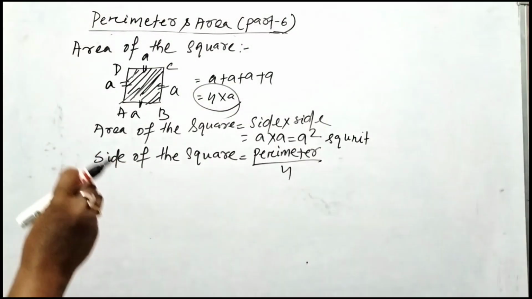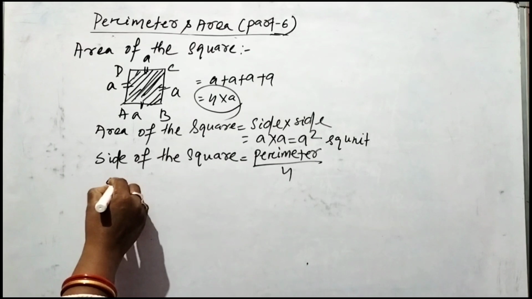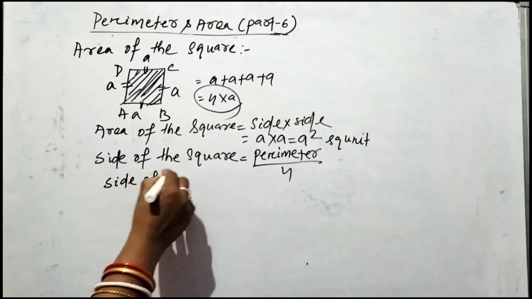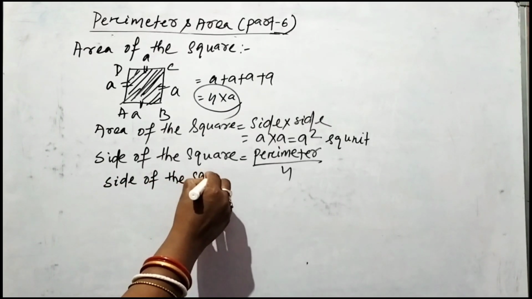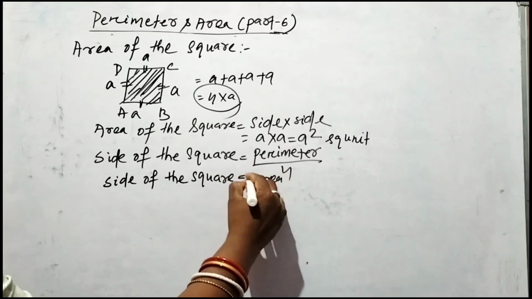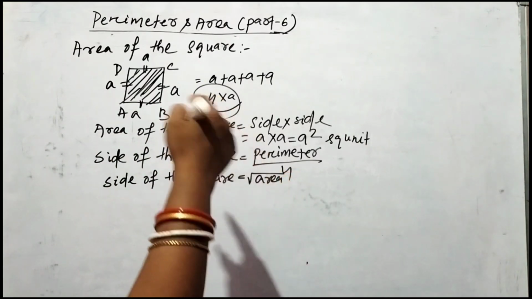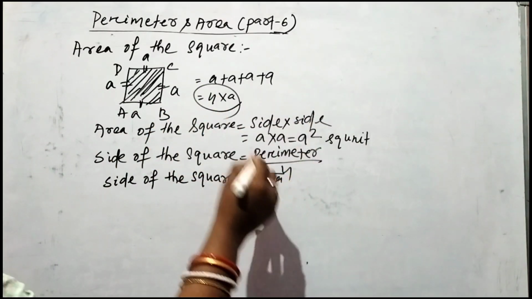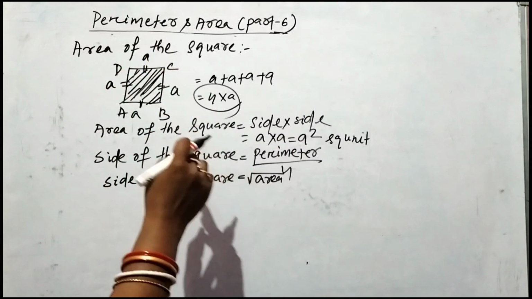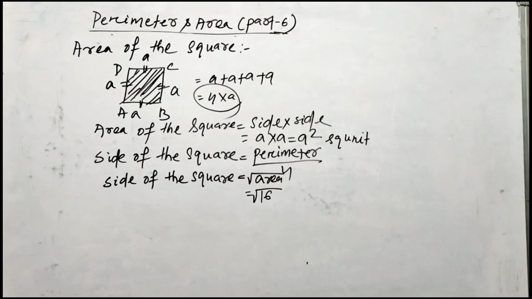But when the area is given, how to find the side of the square? Side of the square is equal to the square root of the area. Suppose the area is 16, then root 16.